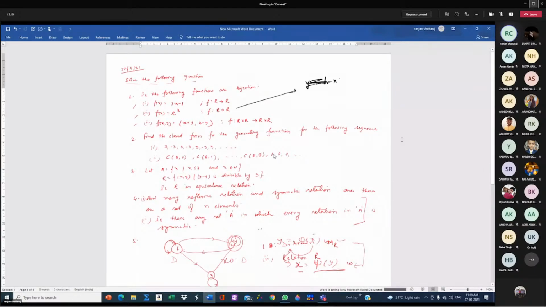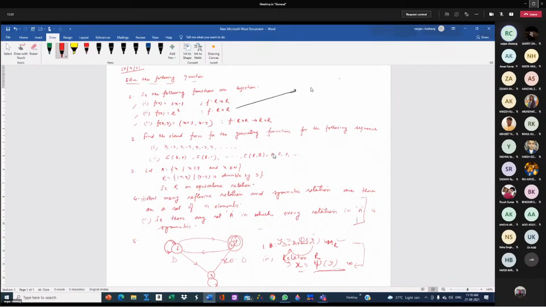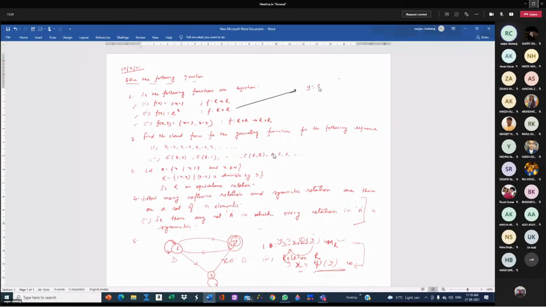For this, y is equal to e to the power x. This implies x equals ln y. And this x belongs to R and this x also belongs to R. That means it includes negative, 0 as well as positive. But this function is defined for positive only.